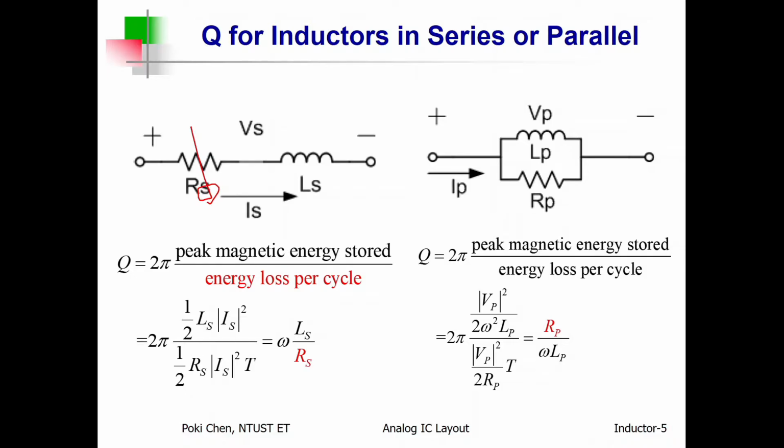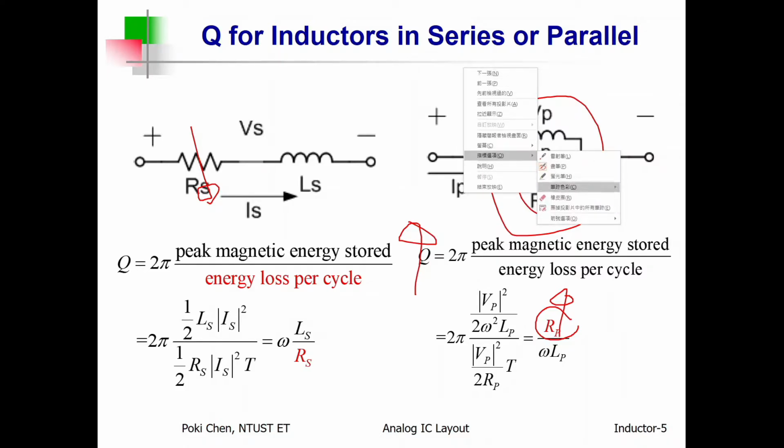However, for your circuit, if it is better to use such kind of parallel connection, then according to the Q factor, RP is here, right? So how to enlarge Q factor? You need to enlarge RP, the parallel resistance.